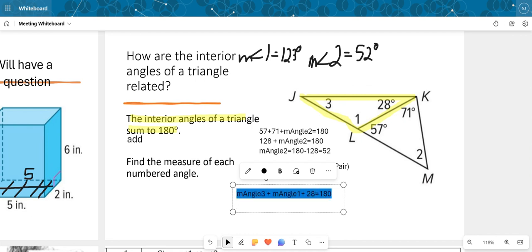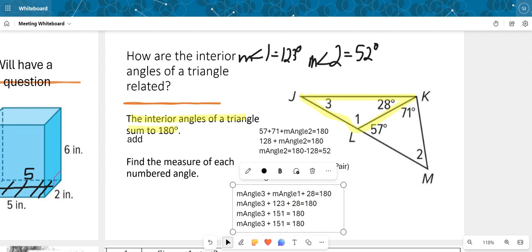We know the measure of angle 1 is 123. So we just start subtracting things. Well, we will add two parts and then subtract them. We know 123 plus 28. We can add that in a calculator. We'll get 151 equals 180. Subtract 151 away. An answer of 29.